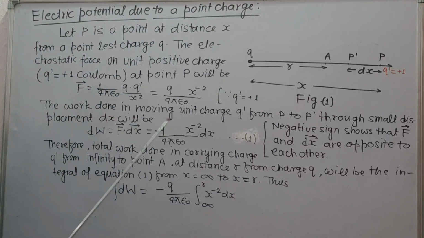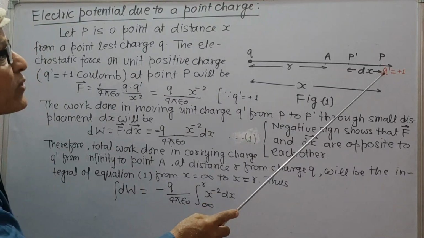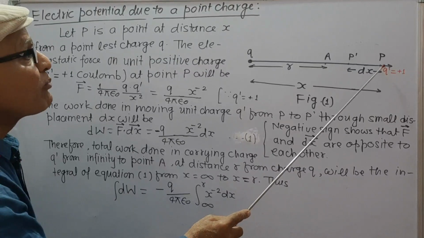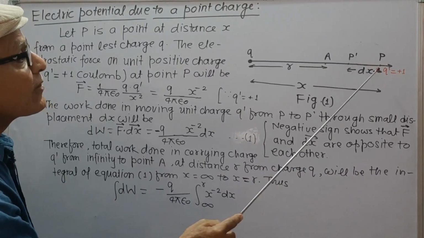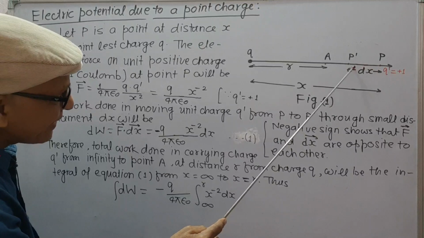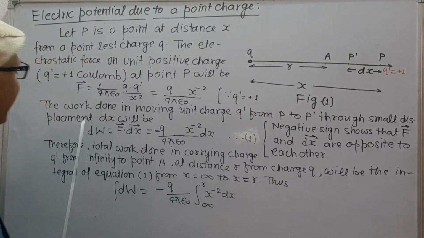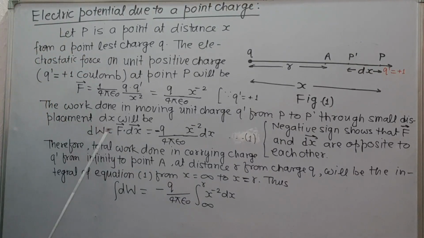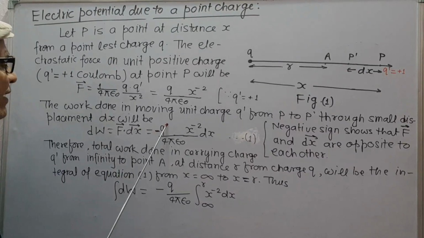Therefore, the work done in moving this unit positive charge Q' from point P to P' through a very small displacement dx will be dW = force into displacement, F vector into displacement dx vector. This will be force into displacement.